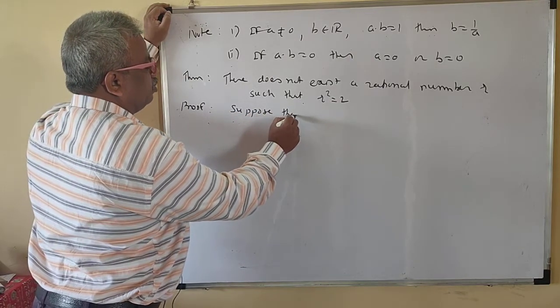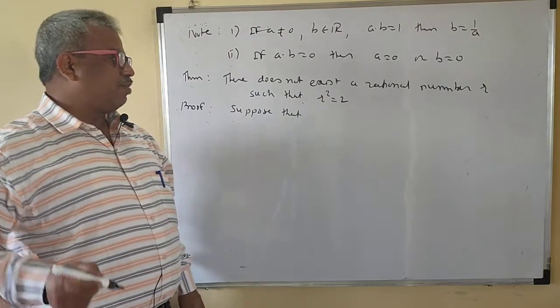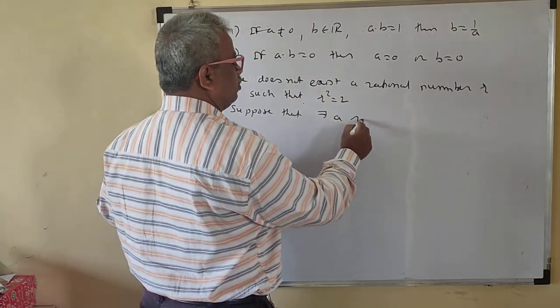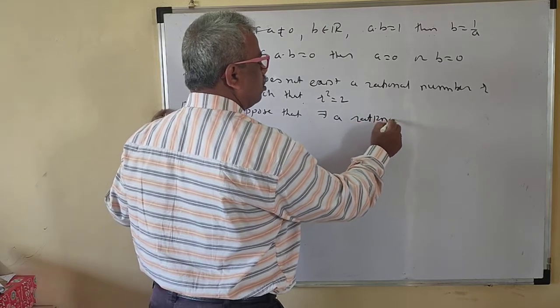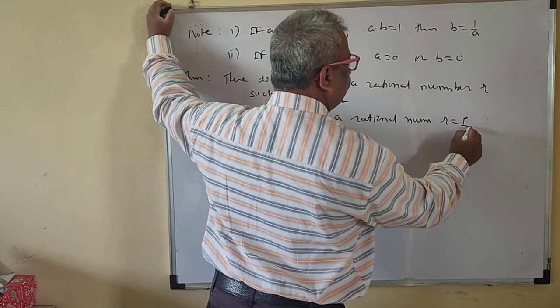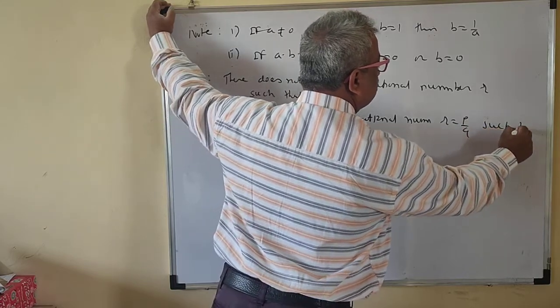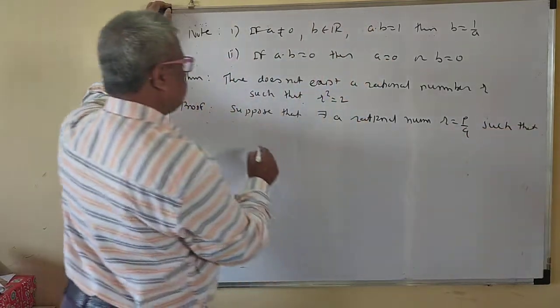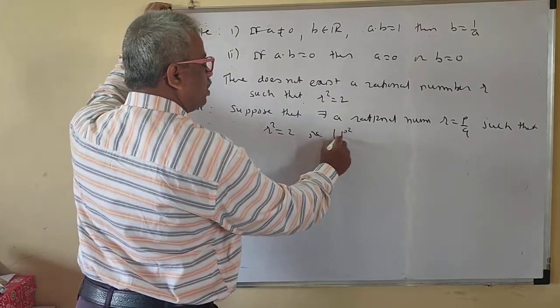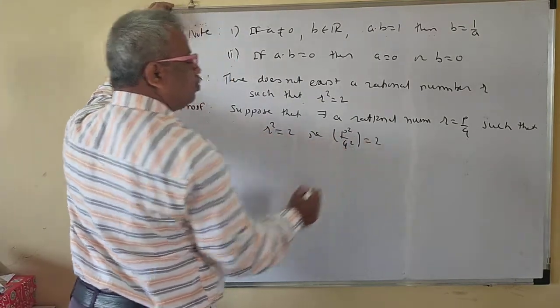Suppose that, so we'll take a negative now here. Suppose that there exists a rational number R is equal to P by Q such that R square, that is P square by Q square, is equal to 2.